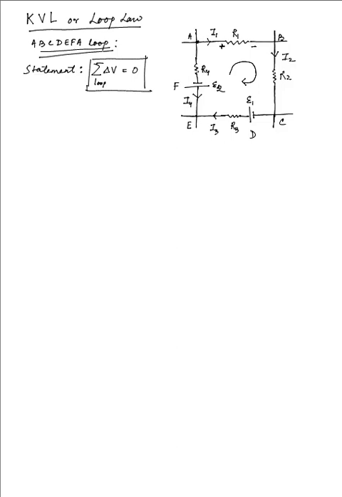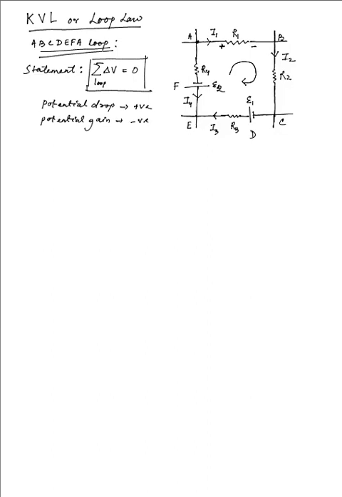So what we have here is that we are taking the potential drop as positive, and the other way around, we call it the potential gain. Supposedly the potential gain can be taken as negative.